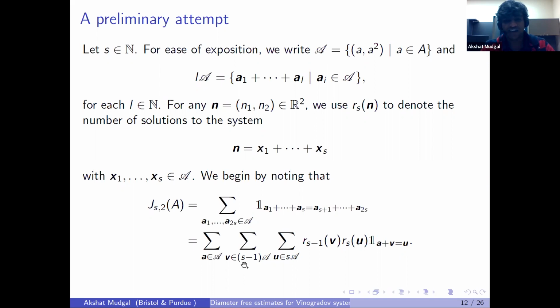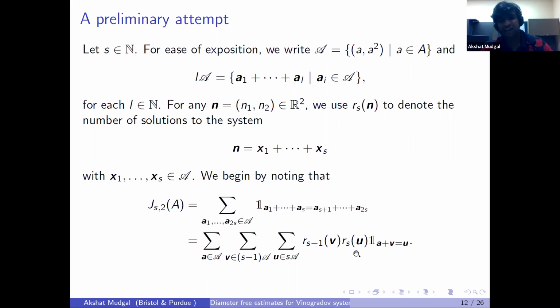So v lies in the S minus 1 fold sumset. And similarly, the right-hand side, a_{S+1} till a_{2S}, I'll write this as u. So now u lies in the S-fold sumset. And so I can write this count as hitting a 1 whenever a plus v equals u. But I should also consider all the possible ways in which v can be written as this S minus 1 fold sum, and all the ways in which u can be written as this S-fold sum, because that's the case which is truly counting all the solutions.